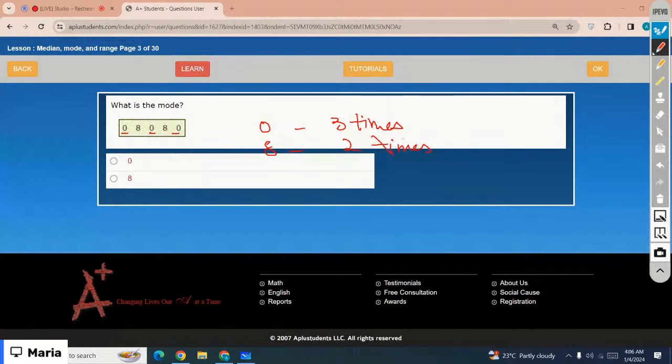So which number appears the most? 0 is the number that appears the most in the given data. So for this data, the mode is 0, right? Because 0 appears 3 times, so the mode is 0. The correct option is 0.